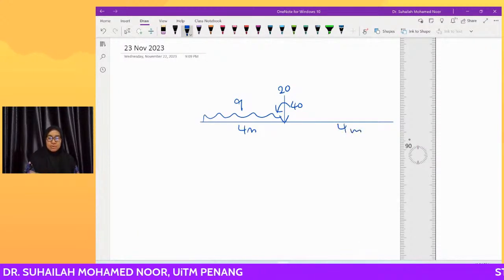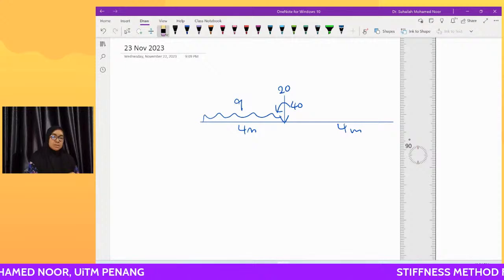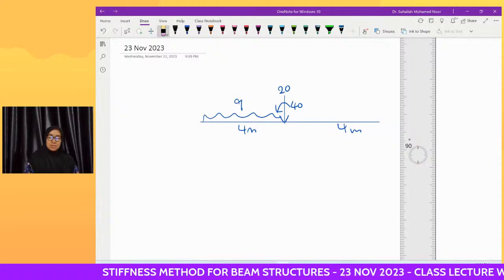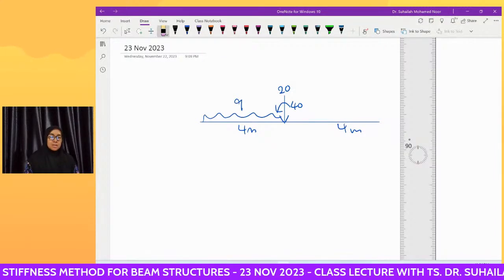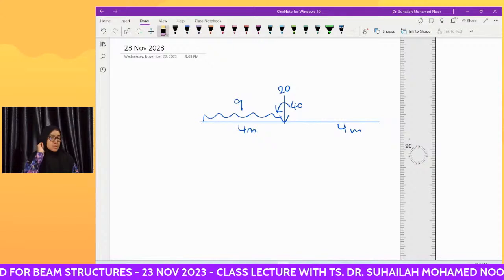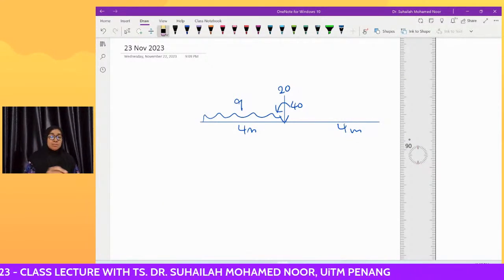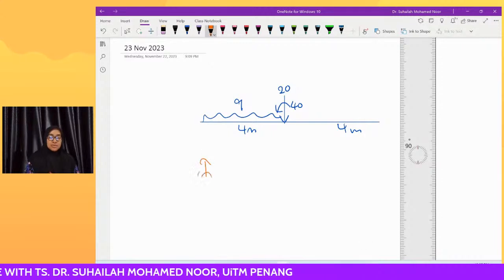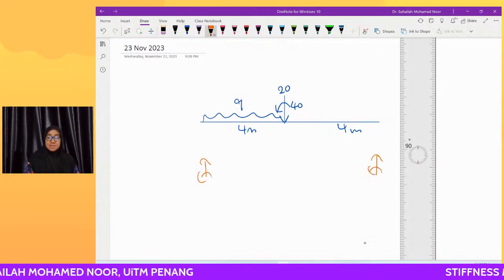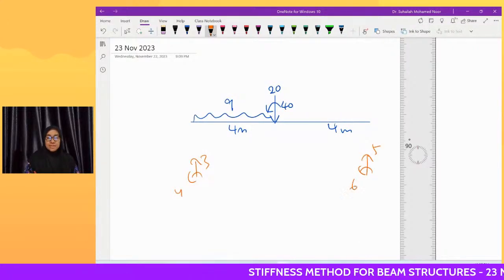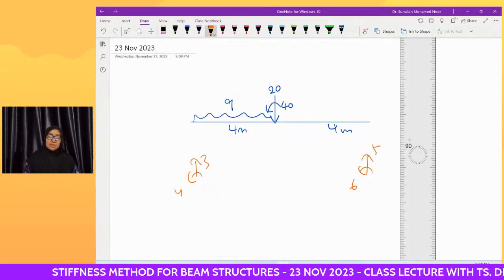This is also 4 meters. So Q3, because this is 3, 4, right? This is 5, 6. So 3, 4 means Q3.